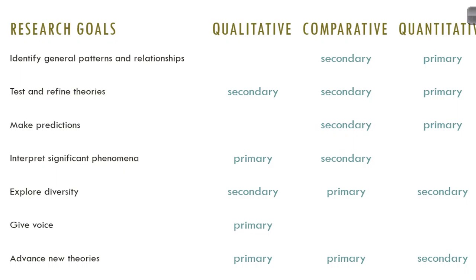And then the comparative, since it's a little bit of both, it has some advantages of both qualitative and quantitative, as well as some disadvantages of each. Well, that one is really versatile. It works to some extent virtually for any of the research goals you might have, with the exception of trying to give voice to your participants. But that's a very special goal.